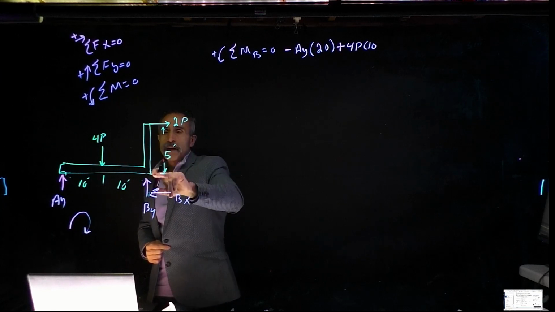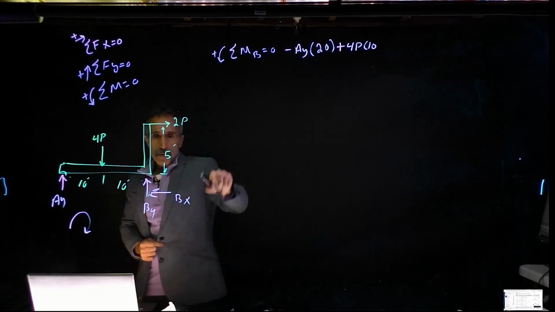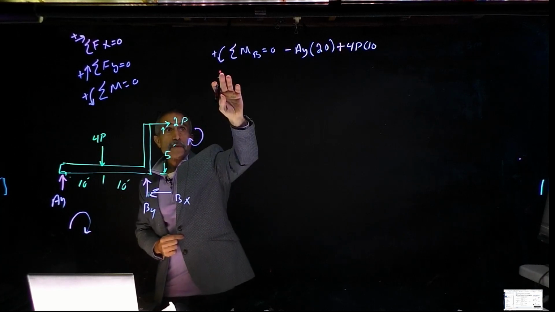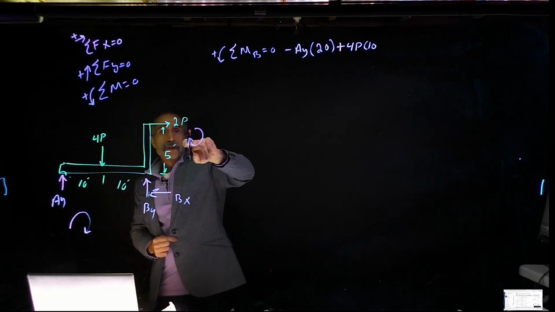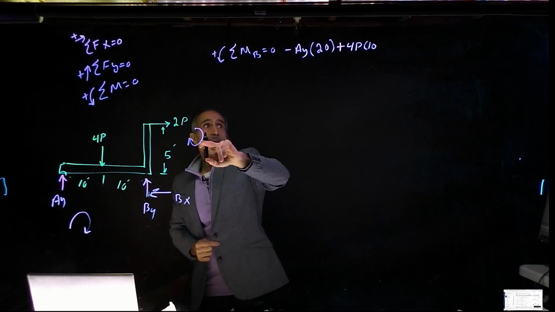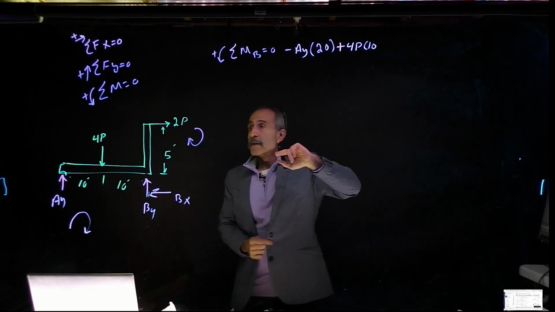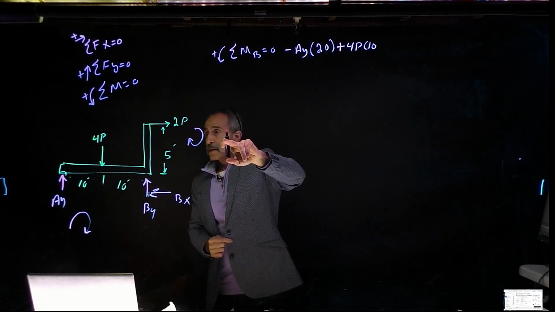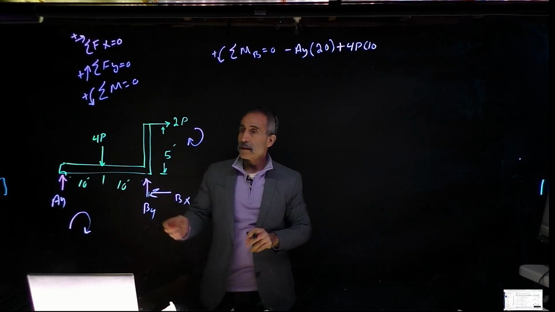So this is taking a moment about here. So it's going this way. This is going to make a leg that way. And that's going to be what? It's going opposite of this one. So it's clockwise, so that means that's negative. That is negative going clockwise. Let me see if I got that right. Yes.